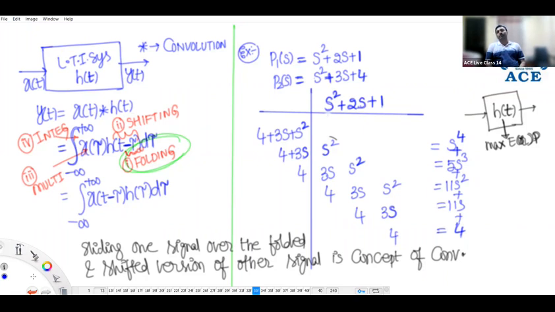Take one signal as it is. On that signal, try to fold and shift the other signal. Wherever you will get overlap, that is the convolution result.